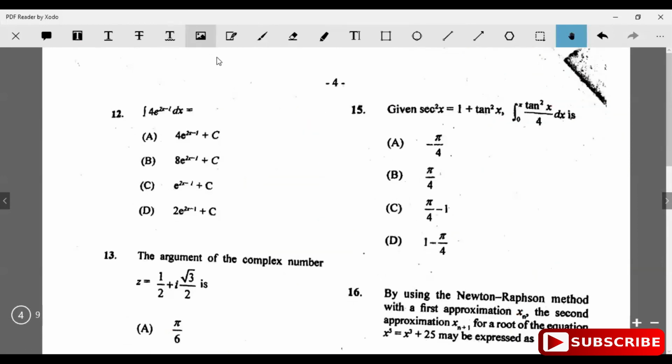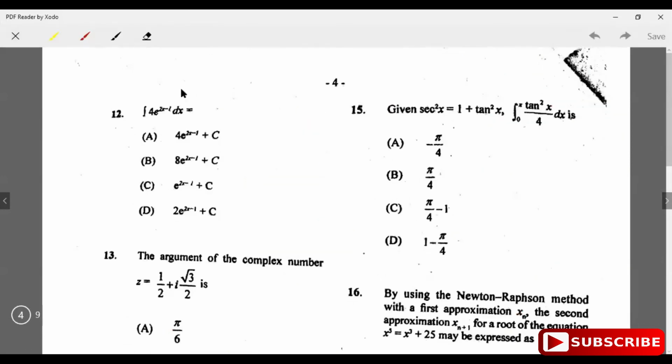Now we go to question 11. Question 11 says, what is the integral of 4 times e to the 2x minus 1? All right, so we're integrating. When you integrate exponentials, we just divide by the differential of what's in the power.